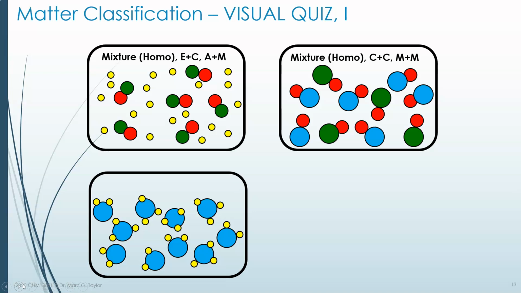And if you noticed here, there are actually two different kinds of substances here. There are large blue balls with two yellow balls attached, and there are large blue balls with three yellow balls attached. So we have two different substances here. In fact, there are certain compounds that can do this. They can mix together in different ratios.